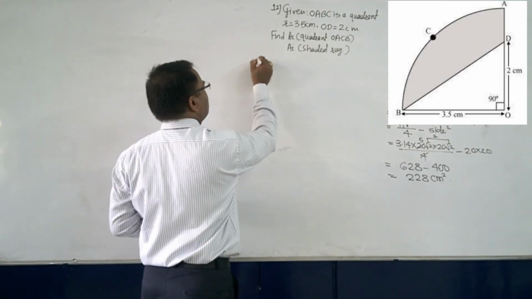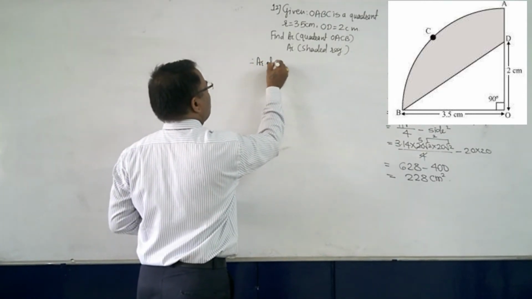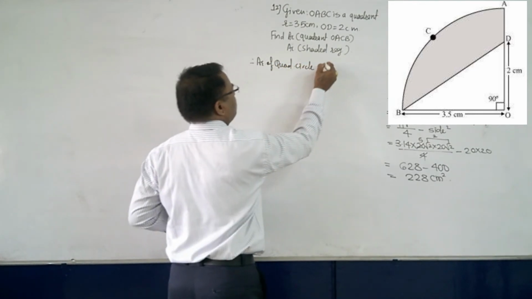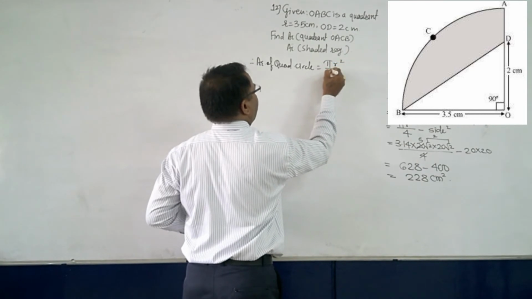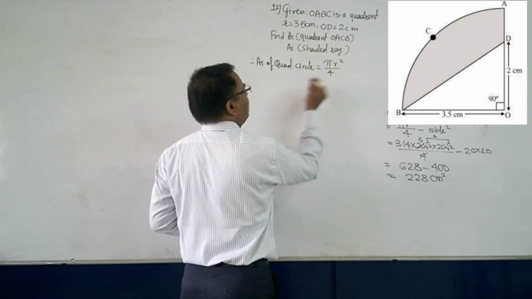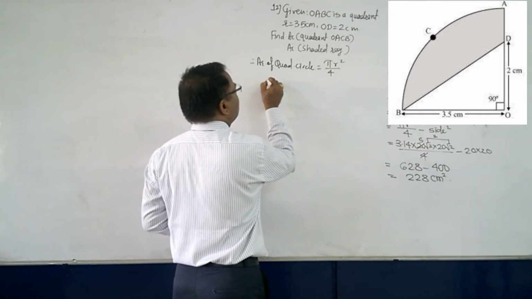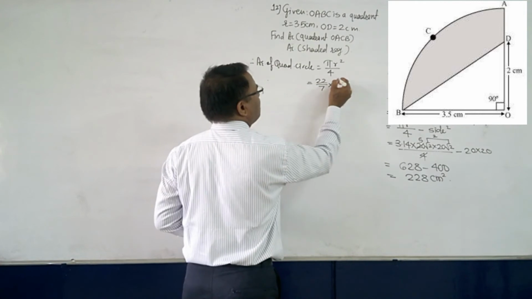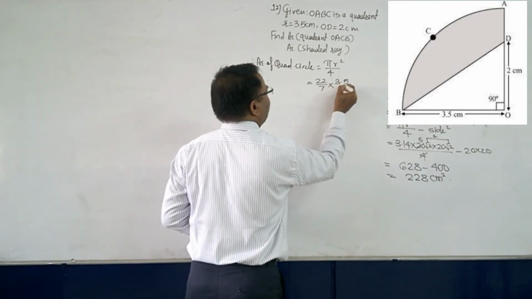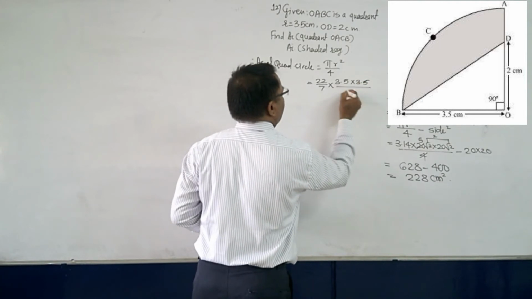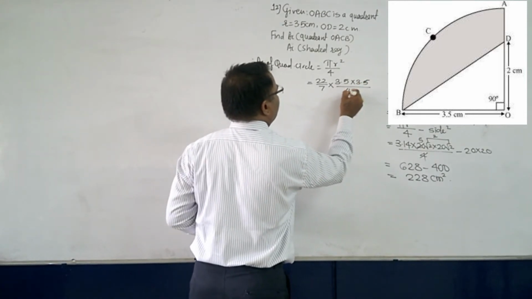So therefore, area of quadrant circle, as you know, is pi r square divided by 4, right? Now what is pi r square? That also you know. Here they did not give us any value, so we will be using 22 by 7. What is the radius? It is 3.5 into 3.5 upon 4.